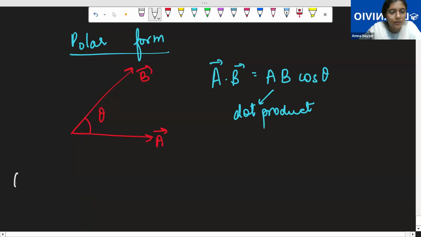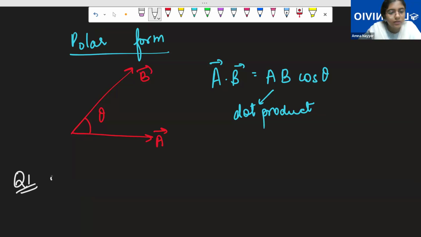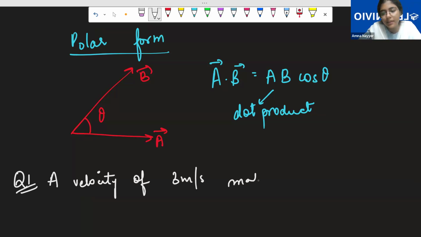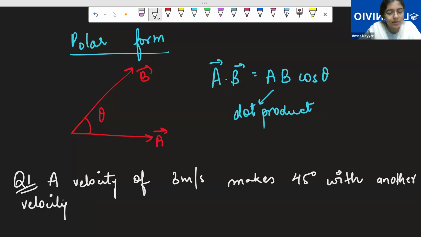Like if I give you one question here: a velocity of 3 meter per second makes 45 degrees with another velocity of 8 meter per second.